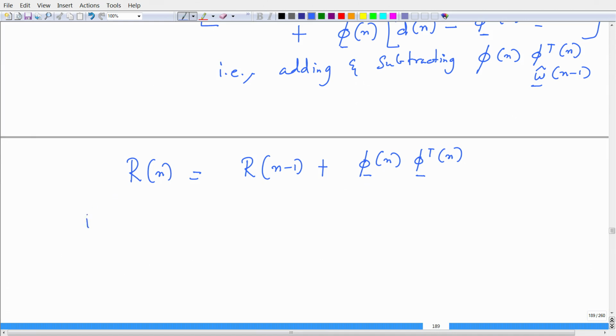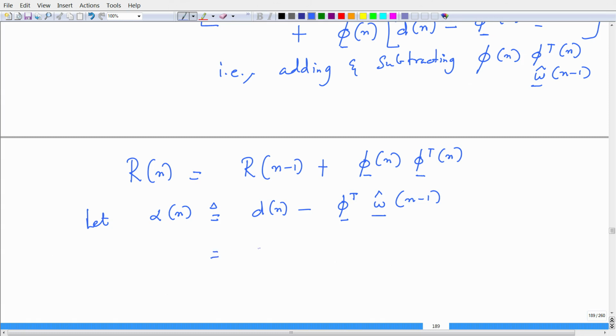Now, let us define alpha n to be d of n minus phi transpose w hat of n minus 1. Because this is a scalar, phi transpose times w hat is the same as w hat times phi transpose.